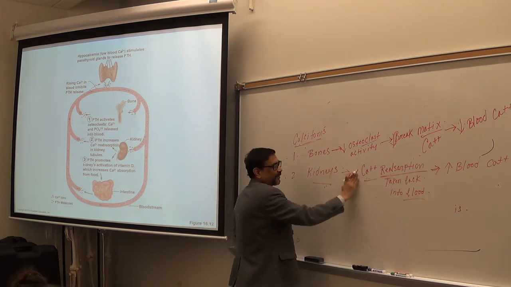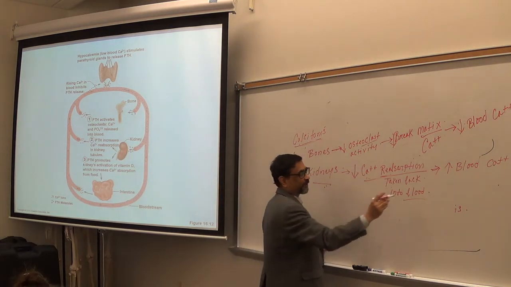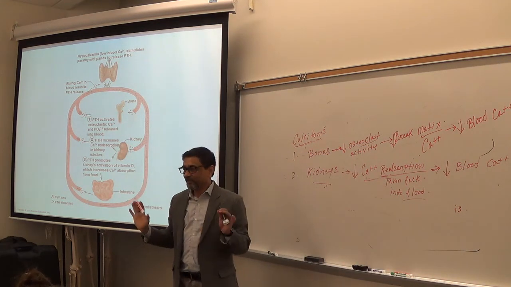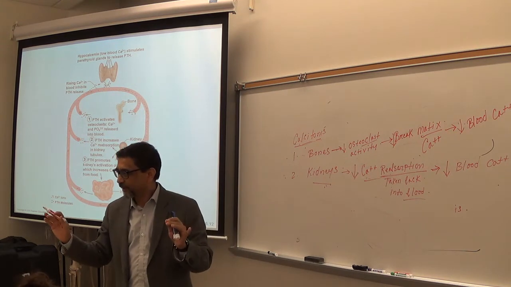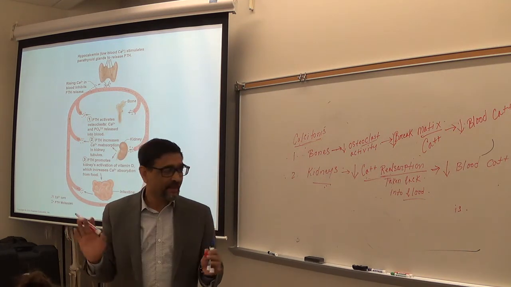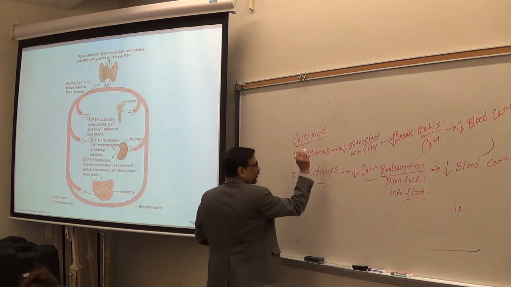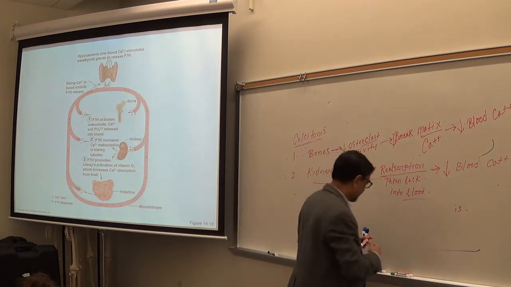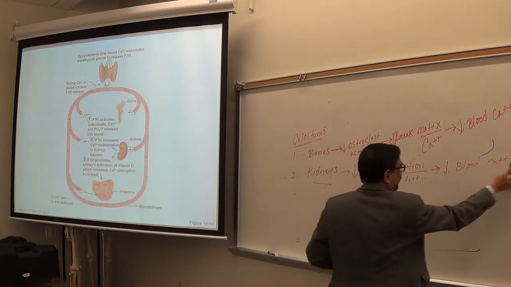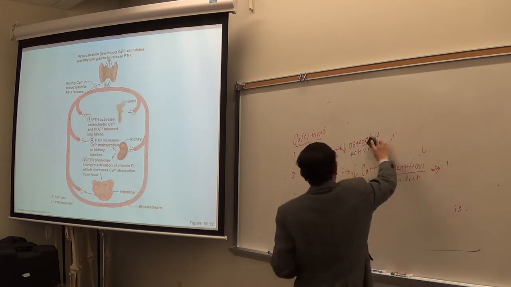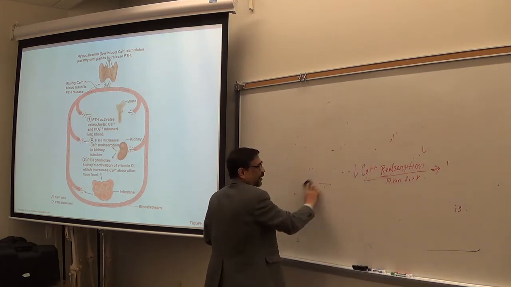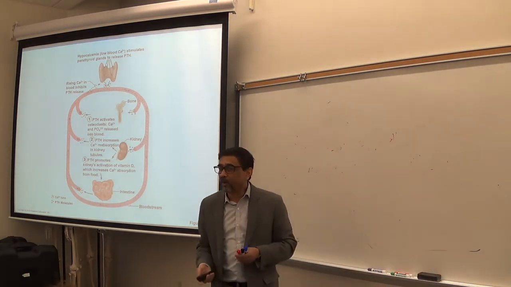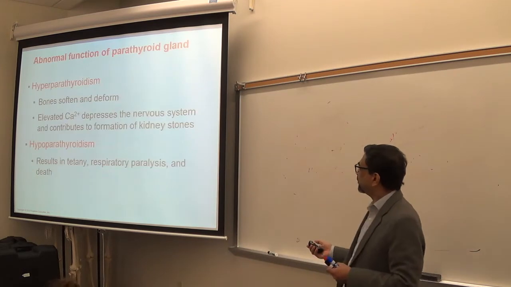On kidneys, decrease calcium reabsorption, let the calcium get out with the urine. Make sense? So, we will lower the blood calcium. So, calcitonin just works on these two, not on the intestine, and just the opposite action of parathyroid hormone. Okay. So, that's how the calcium is regulated by those two hormones, PTH and calcitonin.